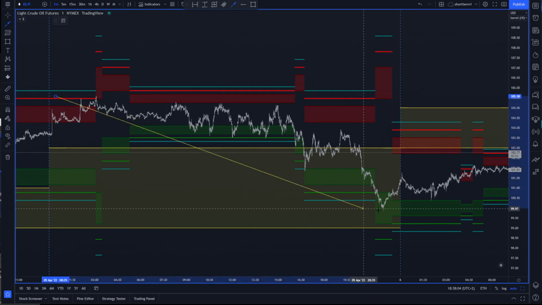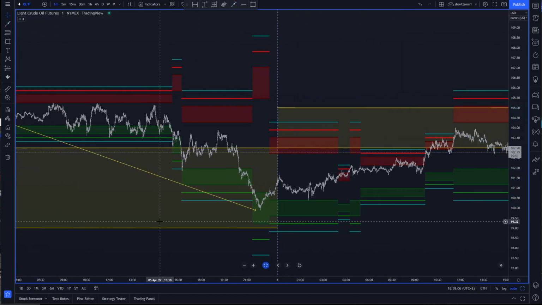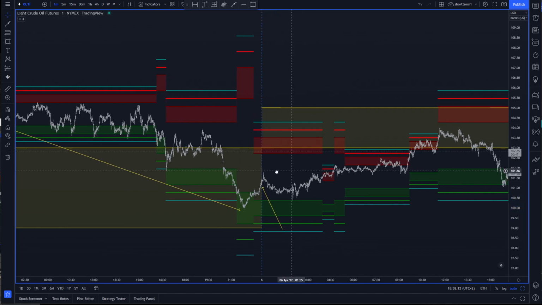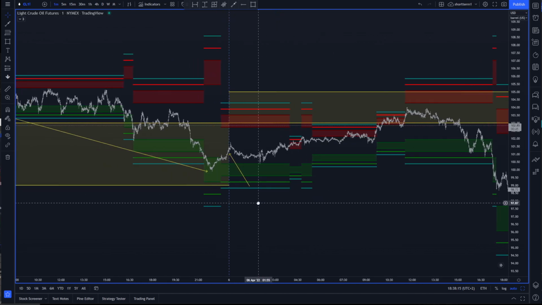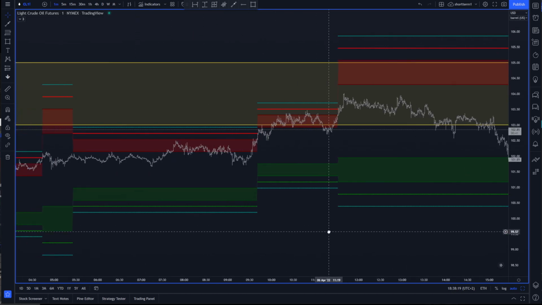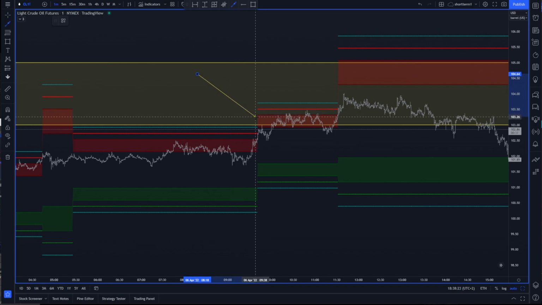So you have your down day. Your value area is here. We closed below it, you're looking for a short entry. But why we don't want to enter at this fractal? Well, because it's not inside of value, right?